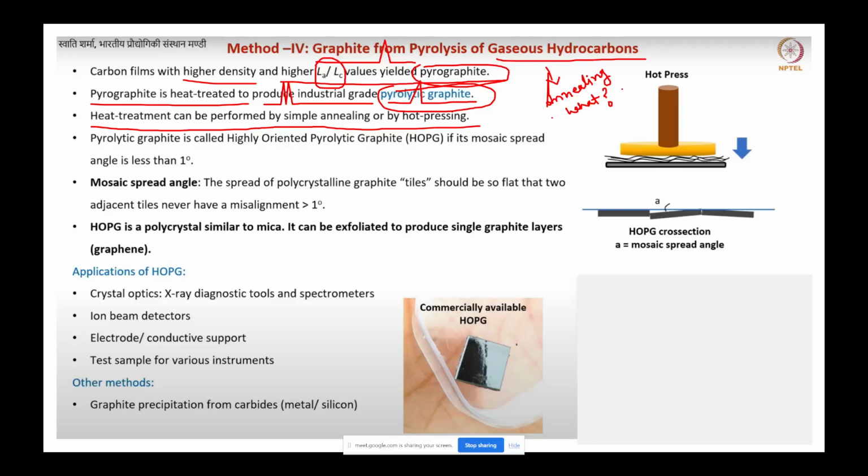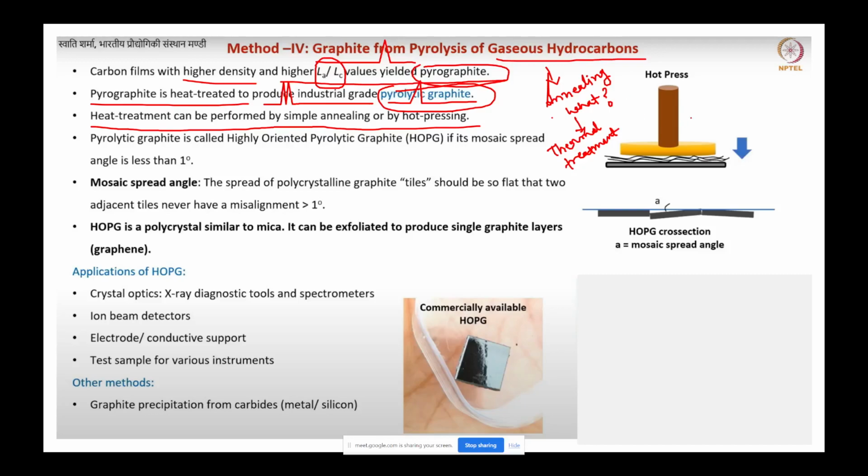It is related to the thermal treatment of the material. If you are from a metallurgical background, then you must know these terms: what is annealing, what is normalizing, what is quenching. Annealing is nothing but you heat the material and cool it down very slowly. For material processing, it is one type of heat treatment. So it can be performed by the simple annealing method or hot pressing.